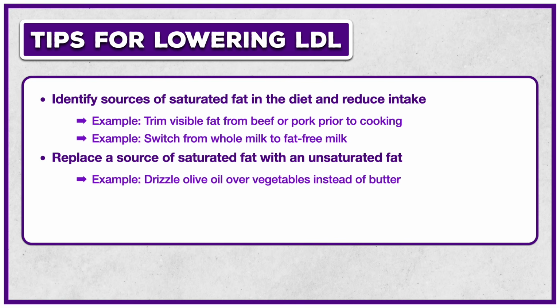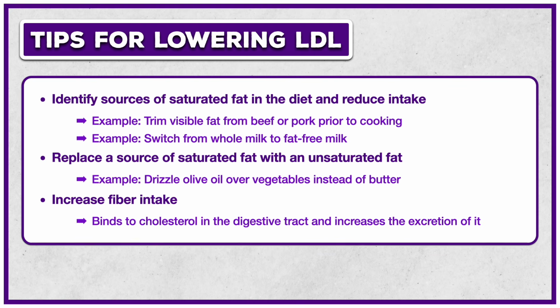An example here is to drizzle olive oil over vegetables instead of butter. The third action a person can take is to increase fiber intake. As we learned in Chapter 4, fiber binds to cholesterol in the digestive tract and increases the excretion of it. That forces the liver to pull from cholesterol in the blood.